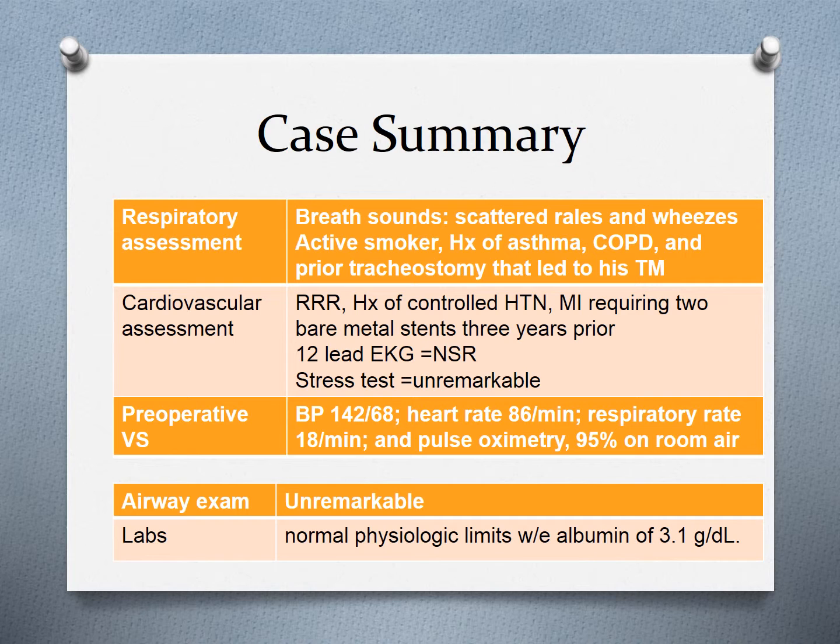He had an EKG which showed a normal sinus rhythm. He did have a recent reassuring stress test. Preoperative vital signs are as visualized here. You can see a little elevation in blood pressure and a decrease in his SAT on room air. His airway exam was unremarkable. Labs were within normal physiological limits with the exception of albumin, which was slightly lower.